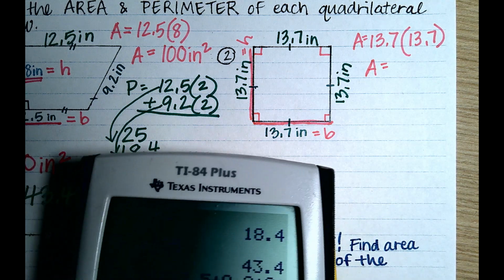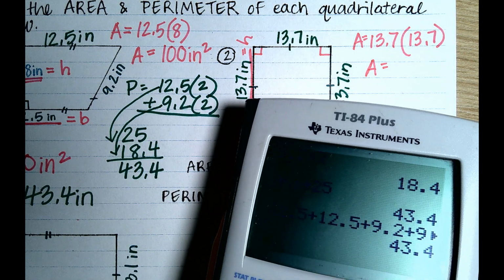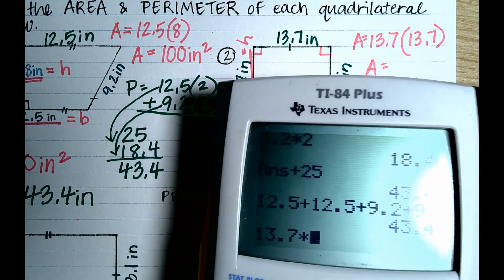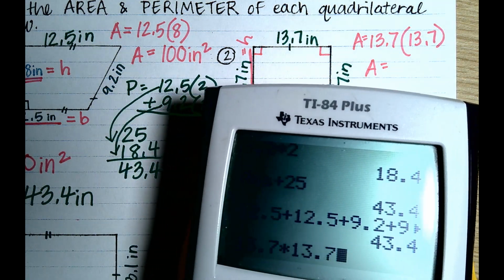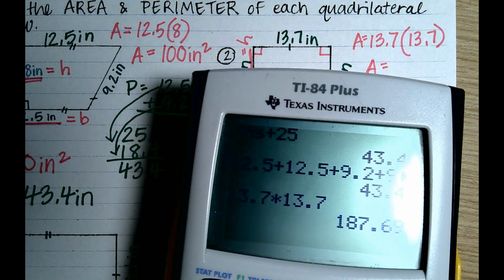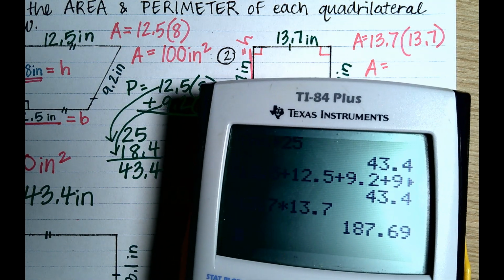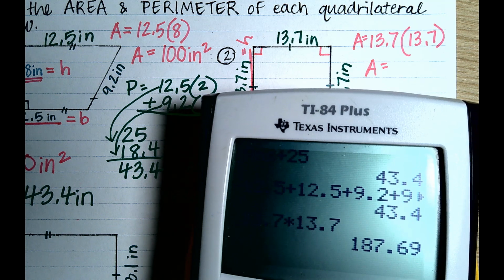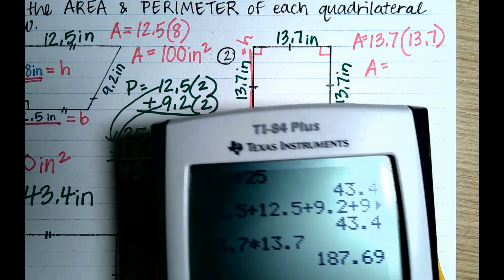Let's see, I'll type it into the calculator. 13.7 times 13.7. I got 187.69. Did you get the same thing? Nice.